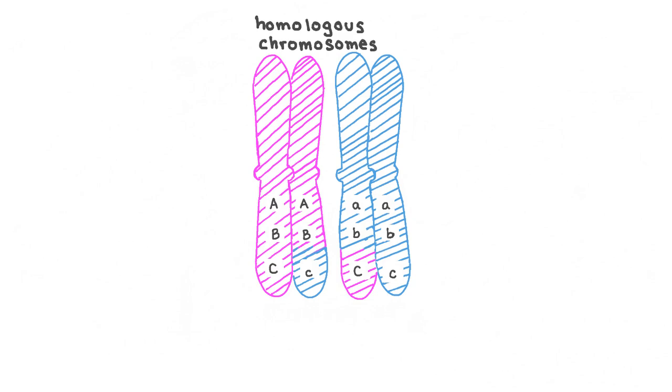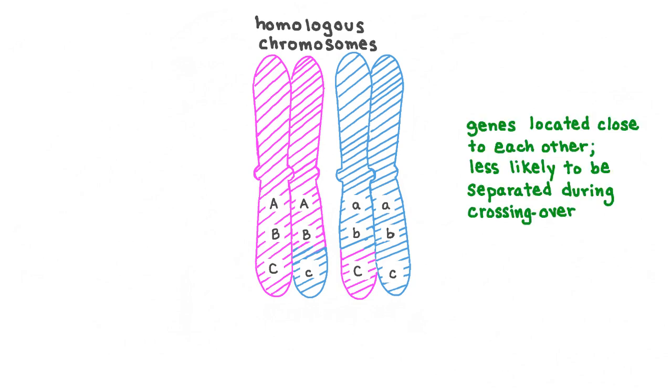On the other hand, if 2 genes are located very close together on a chromosome, such as genes A and B here, their alleles are less likely to be separated during crossing over. This means that these alleles will likely stay together even in a rearranged chromosome, and therefore are very likely to be inherited together by the offspring.